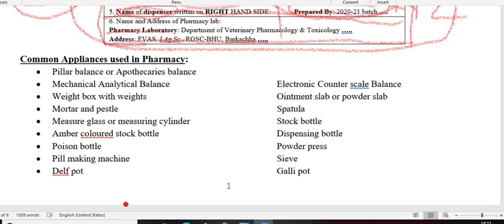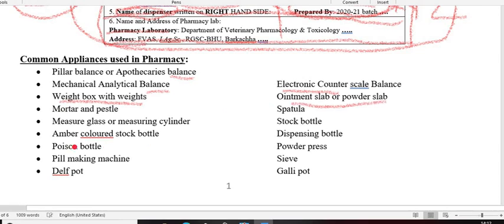The appliances are balances: the pillar balance or apothecary balance, the analytical balance, and the electronic counterbalance. Then the weight box with weights, then ointment slab or powder slab, then mortar and pestle, then spatula.